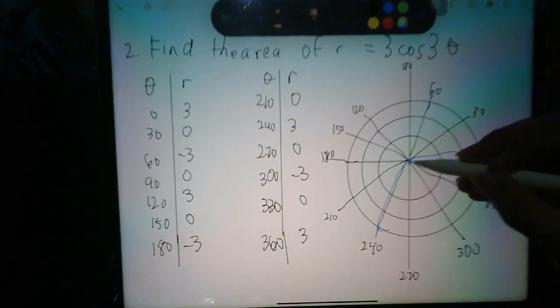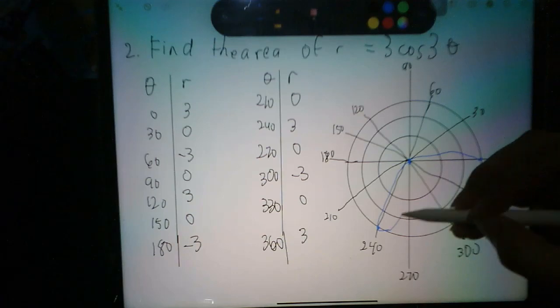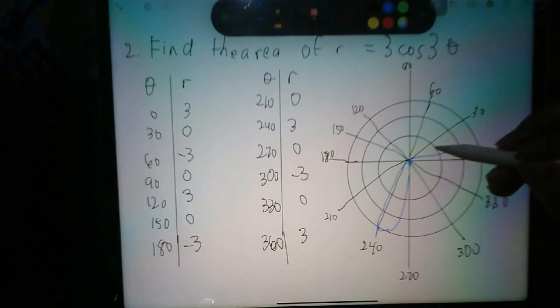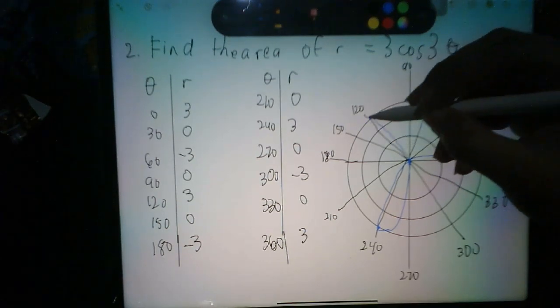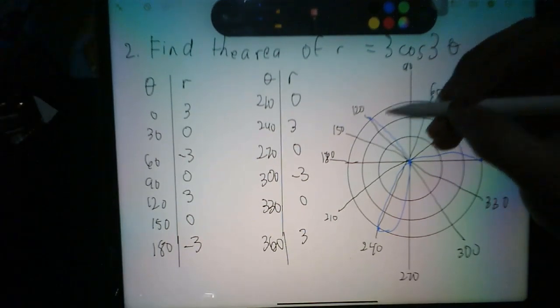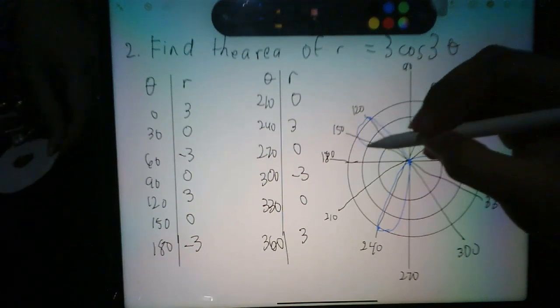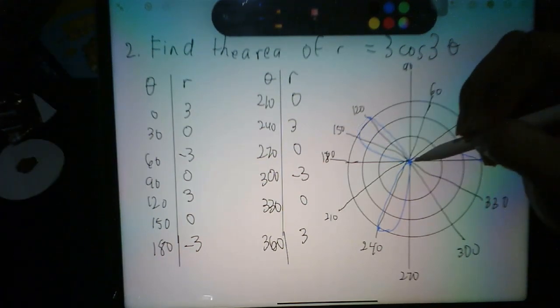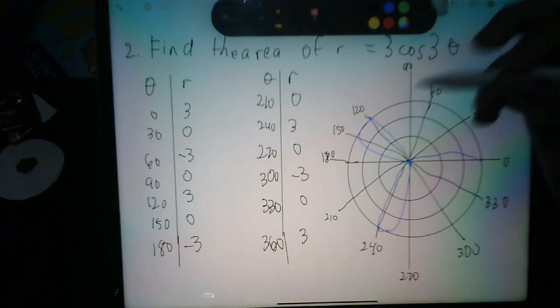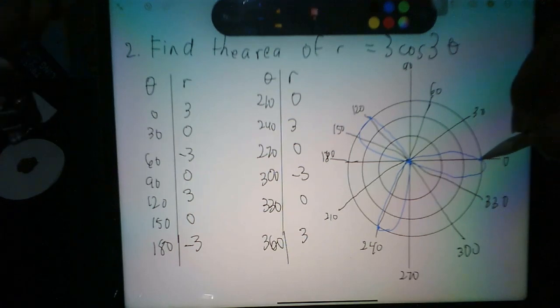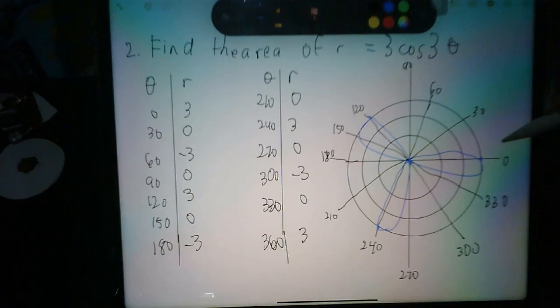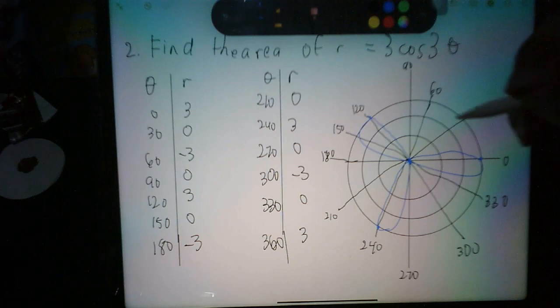90 equals 0. Forms like this. 120 equals 3. This forms this. 150 equals 0. This forms this. 180 is negative 3. This forms this. And 210 is 0.